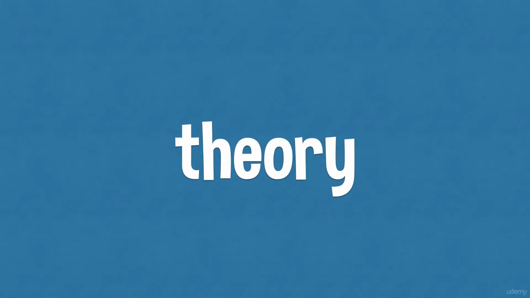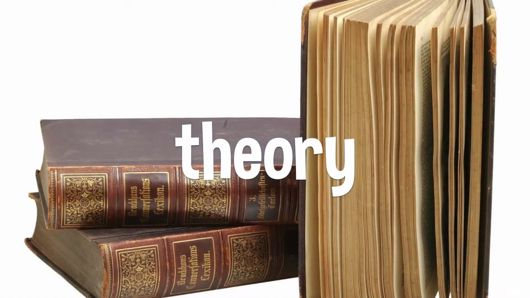Okay, theory. So in science, a theory is a group of tested hypotheses or propositions, and they're commonly regarded as correct. So a theory can be used as a principle to explain and predict the universe around us.